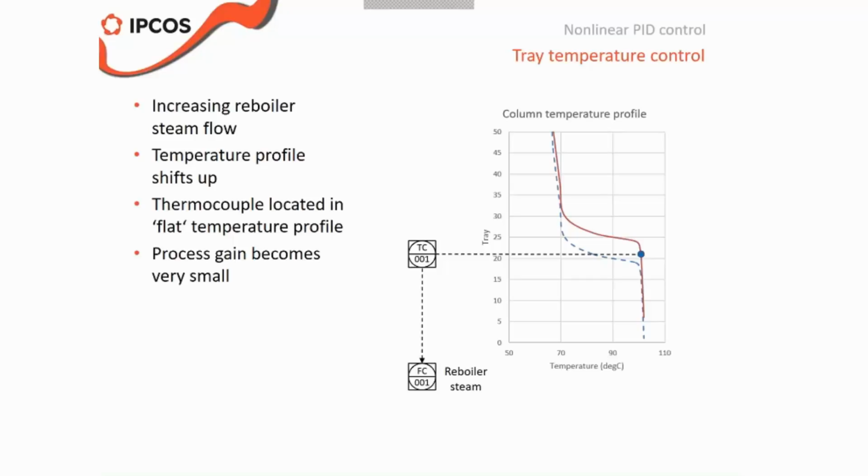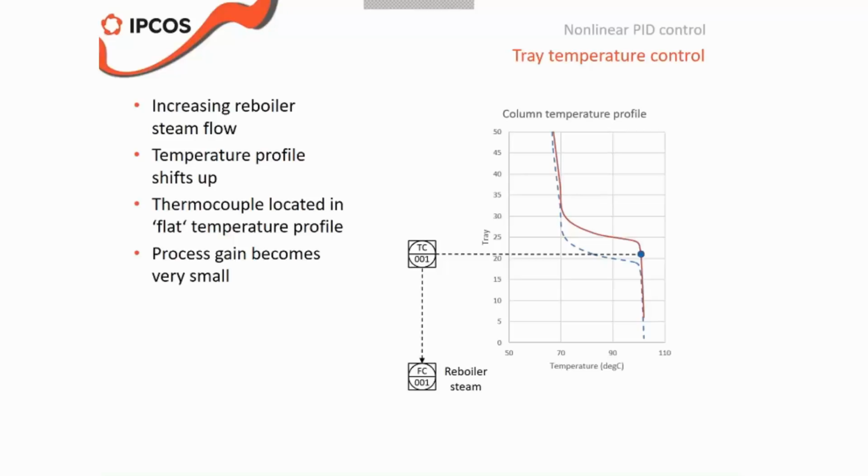That also means that once it has reached the flat temperature profile, it will not change anymore. So if the thermocouple is now measuring the flat profile, and I increase steam again, nothing will happen, the temperature will not change again. And this is where you find the nonlinearity.